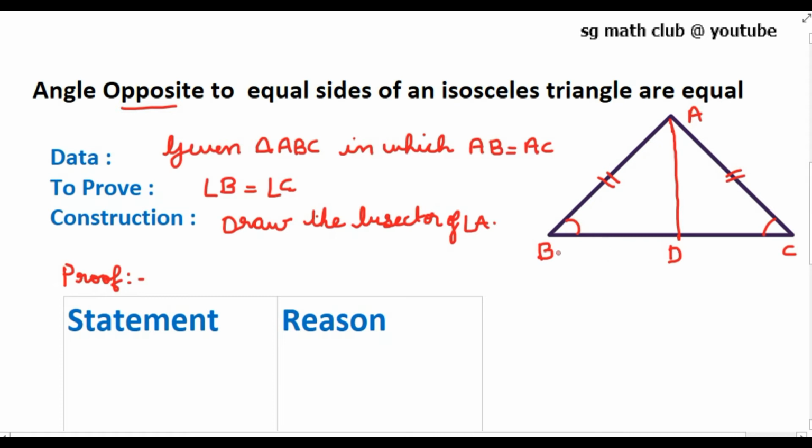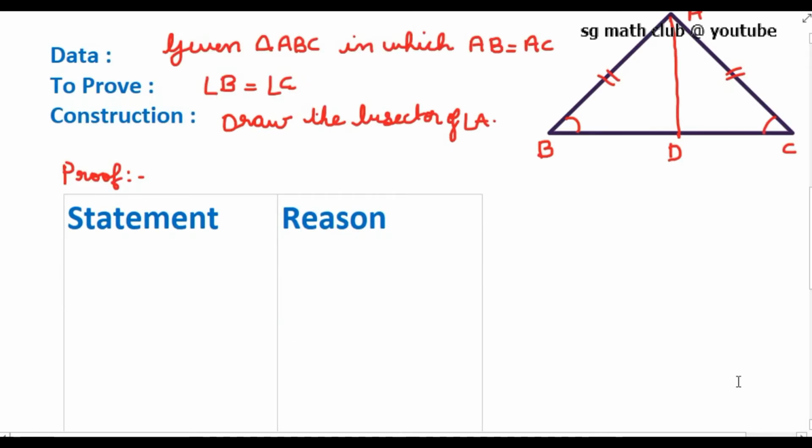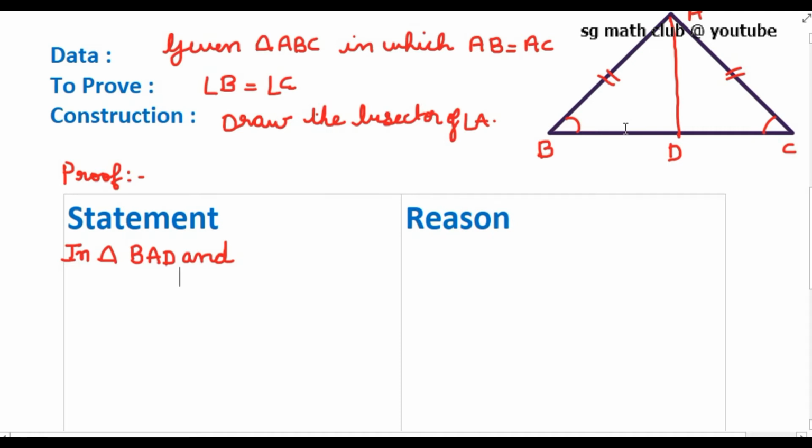Now the proof. So we can see here two triangles. One is triangle BAD and the second one is triangle CAD. So I am going to write, in triangle BAD and triangle CAD.